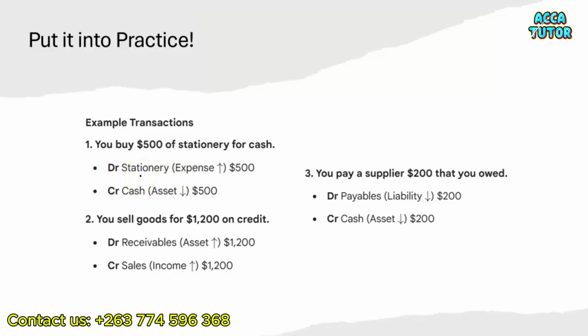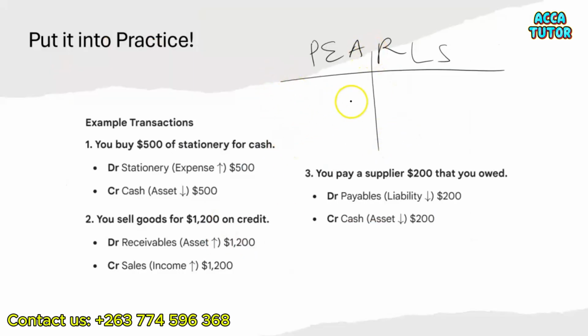Stationery is an expense, so using our PEAS, we know that these first ones are increased by debiting and these ones by crediting. And where are the expenses? These are the expenses. So whenever we incur an expense, we are increasing the expense, so we are debiting the expense.